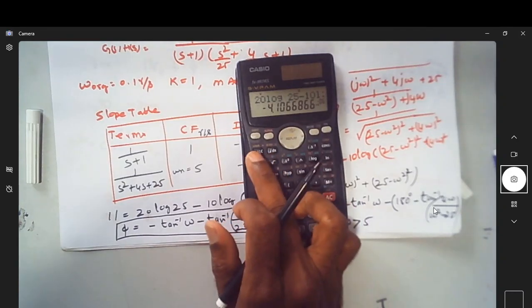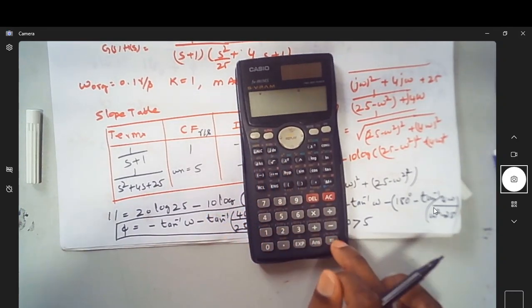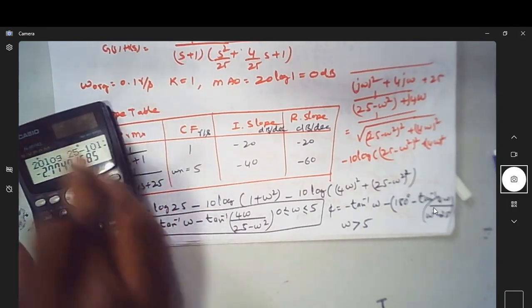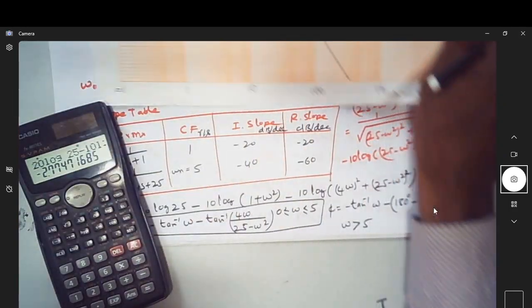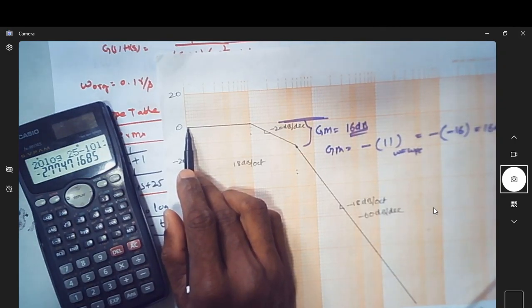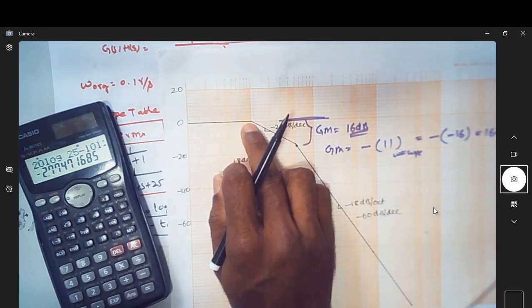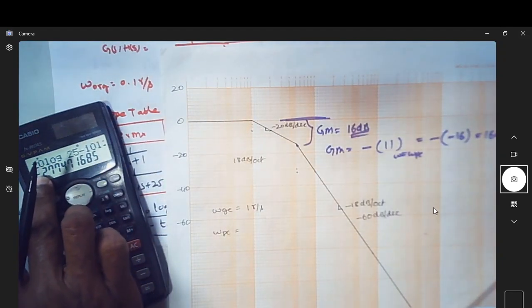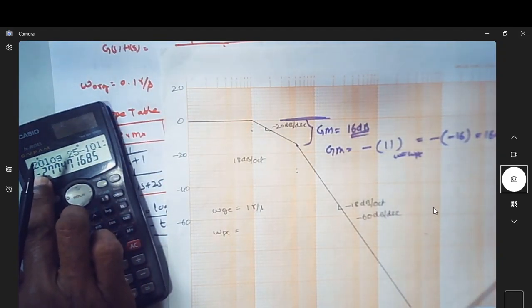Now maybe when I calculate for 1, okay, now theoretically speaking this has gone below 0 here itself, but asymptotically it's here, but it's happening over here for a theoretical value.